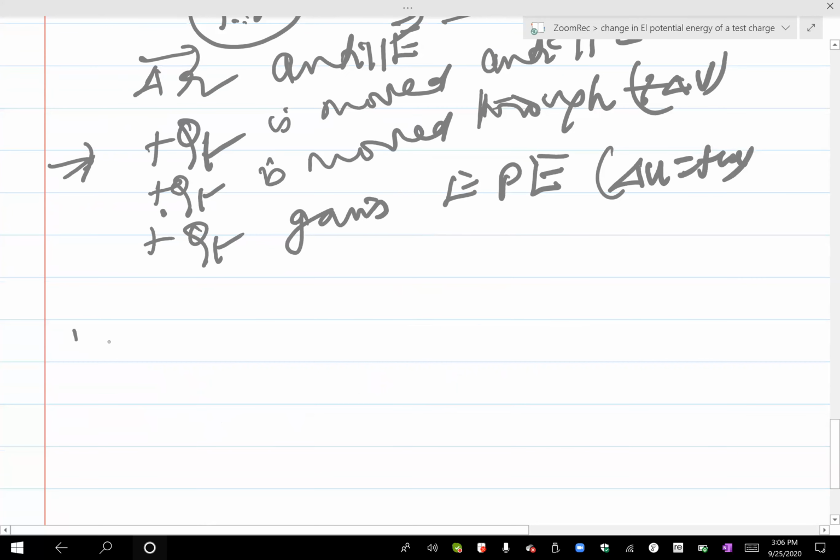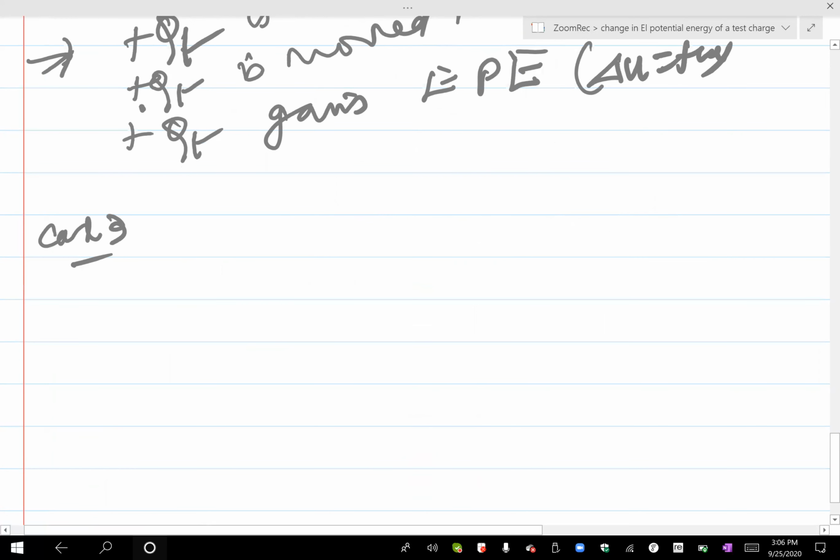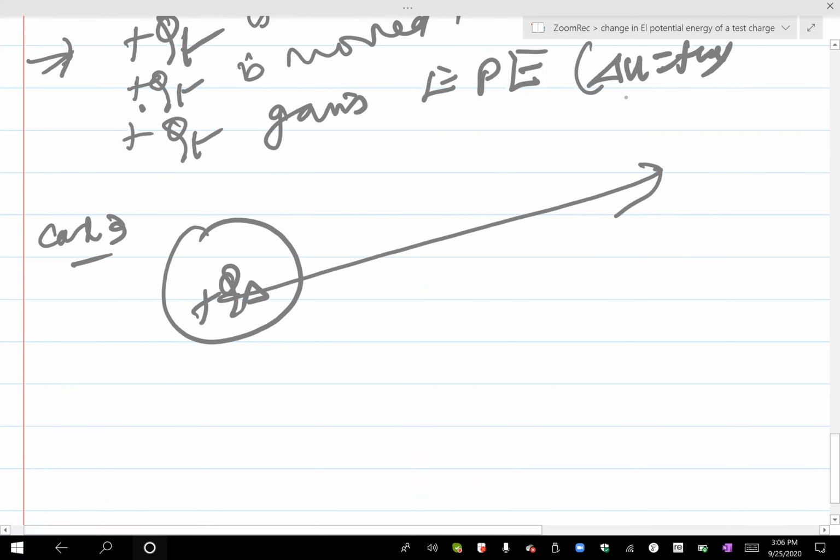Case 3. Case 2 we have already finished. Now in case 3, I have to carry minus QT, but QS continues to be the same. All 4 cases will have QS positive. So here you have plus QS, and immediately, with no hesitation, you put the electric field radially outwards.